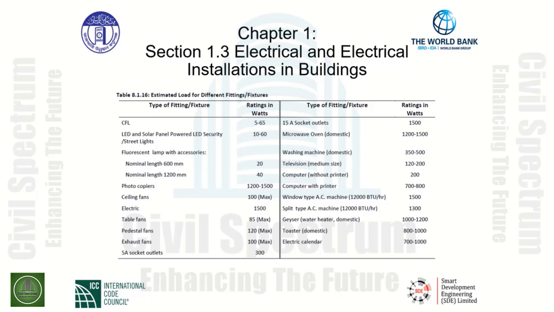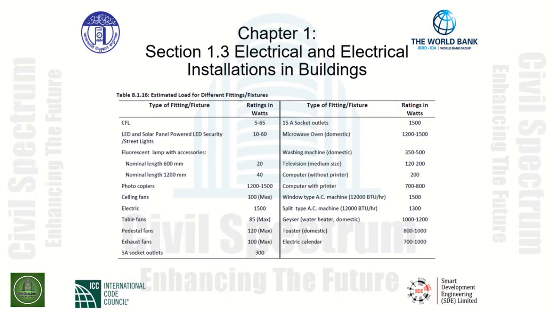Pedestal fans give us 120 watts maximum. Exhaust fans, 100. When we move to the right-hand portion of the table, the items listed, such as a domestic microwave oven, have a range of 1200 watts to 1500 watts that we could use for estimation purposes.